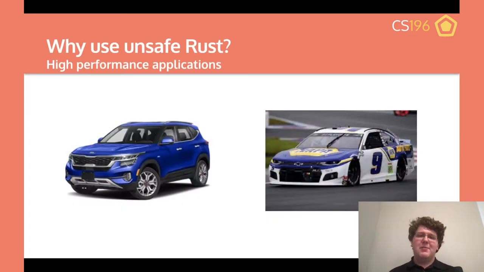So another reason is high performance applications, right? In this example, we have an SUV and we have a NASCAR. One of these is going to be a lot faster than the other, and that's because they removed the airbags, the headlights, who knows what else. There are all kinds of changes that have been made to these cars to make them much faster.